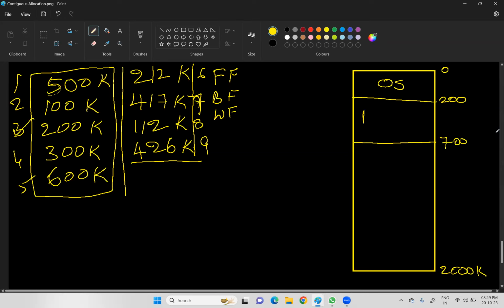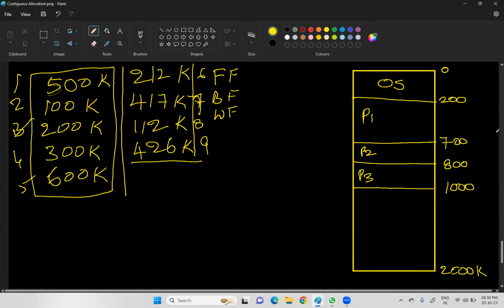So it is process P1. Followed by 100 will be taken by the next process, that is 800 kilobytes. So P2 is this one. P3 will be a further 200, 800 plus 200 will be 1000 kilobytes, taken by process P3.